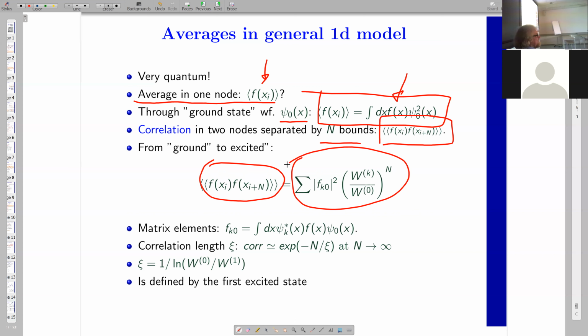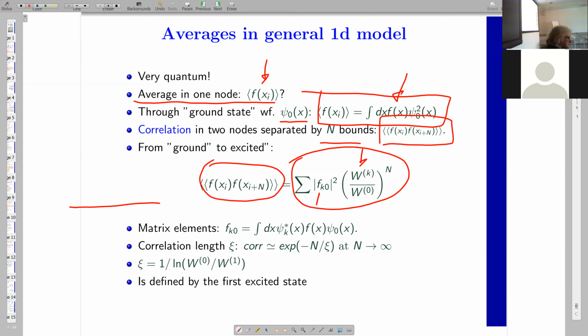And I see here wave functions of, so to say, excited states. And there are energies. It is very much like quantum dynamics.